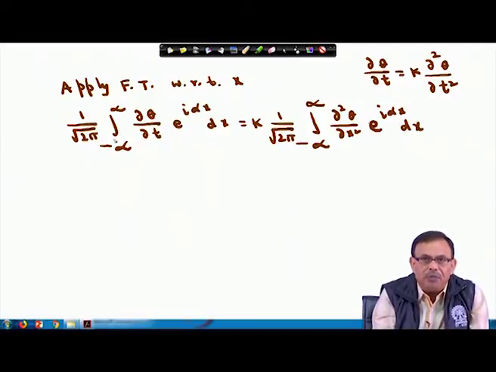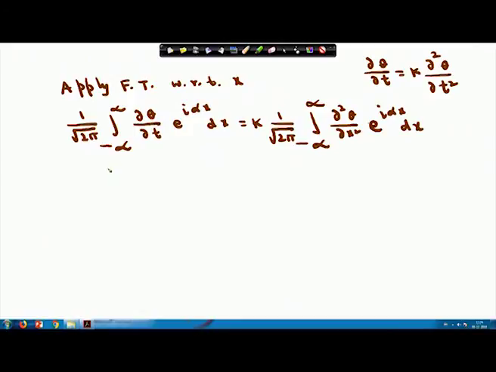So your integral becomes 1 by root 2π, integral from minus infinity to infinity of θ e^(iαx) dx, and this is nothing but the Fourier transform of θ. So the left hand side you can write as d/dt of θ bar, where θ bar is the Fourier transform of the function θ, which I am denoting like this.